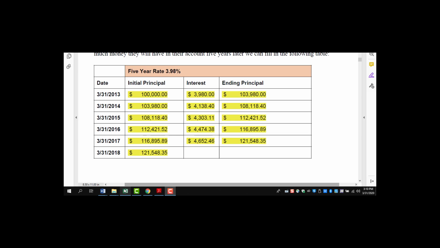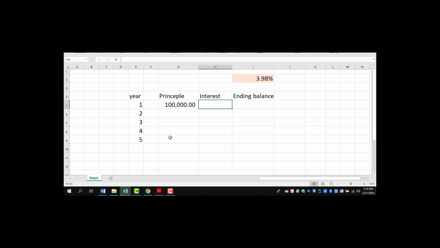So let's just take a look at that on our Excel file here. It's really a lot easier done on the Excel file. I just want 100,000 times that interest rate, which I want locked. And then I'm just going to add my 100,000 plus my interest, and then I start with that balance the second year.